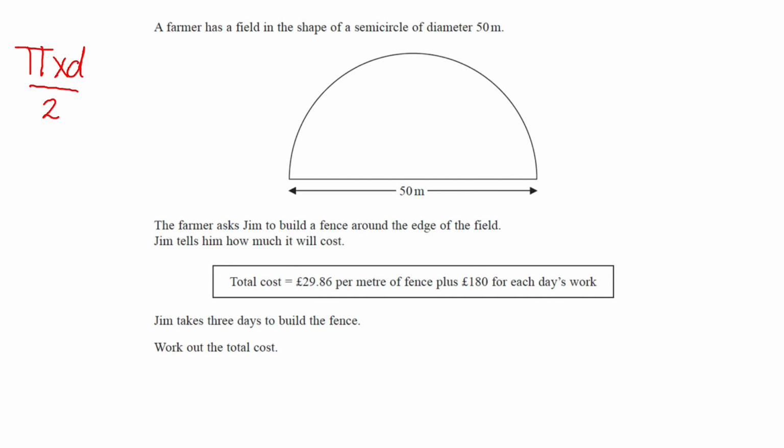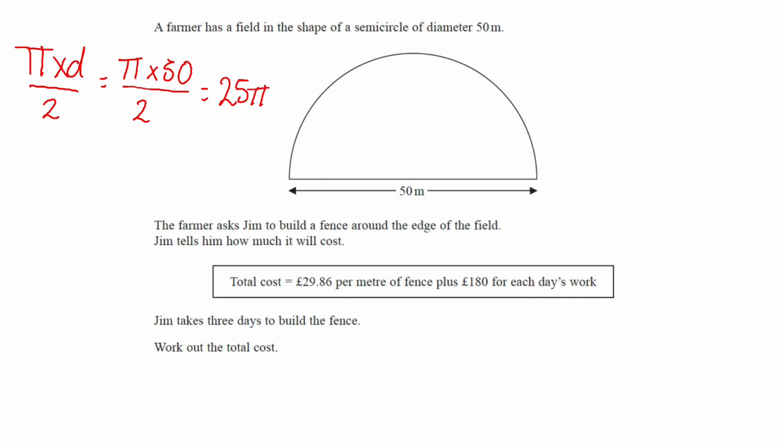So for this one here, I've got the diameter of 50. So what I'm going to write down is pi times 50 and divide by 2. Now, when you type this into your calculator, you will get a decimal. Now, I'm going to leave it in terms of pi just to keep it a bit more accurate. So this will become 25 pi.